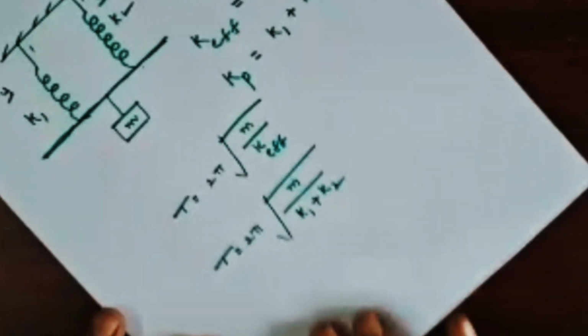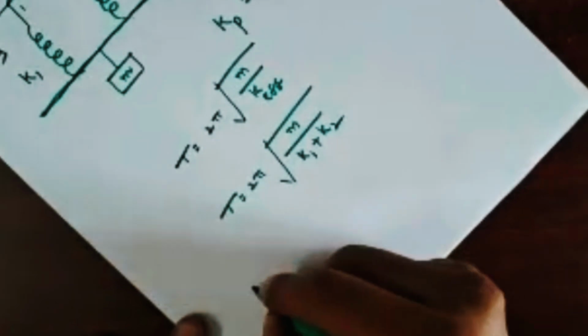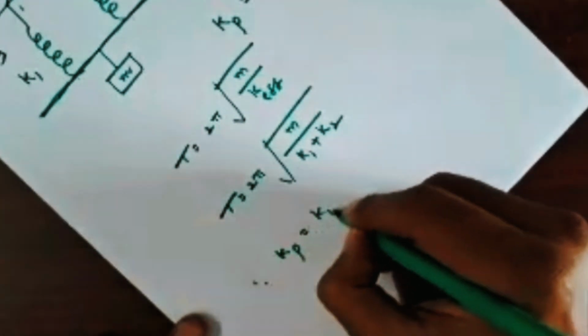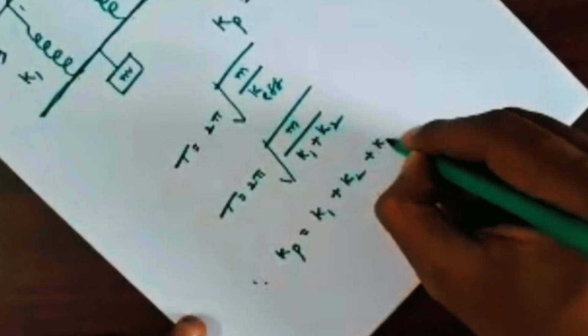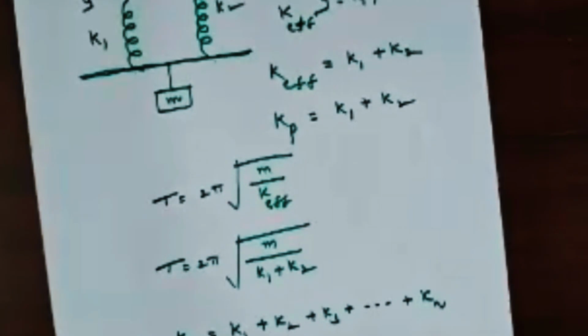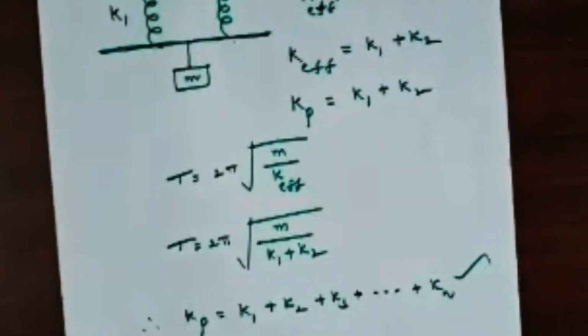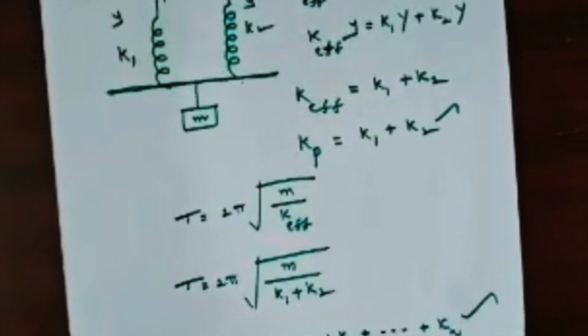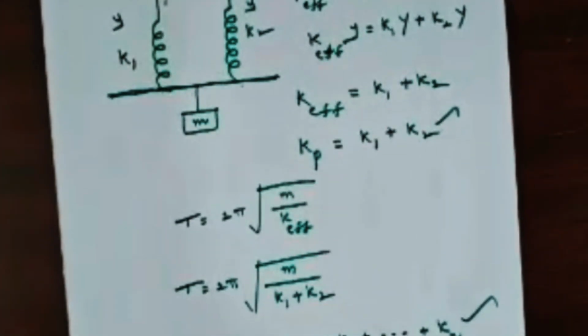Okay. So if a number of springs are attached like that, then Kp is equal to K1 plus K2 plus K3 plus and so on plus Kn. If a number of springs are connected in parallel combination, this is the formula for effective force constant. If only two springs are connected, then K1 plus K2 is the formula for effective force constant. Okay.